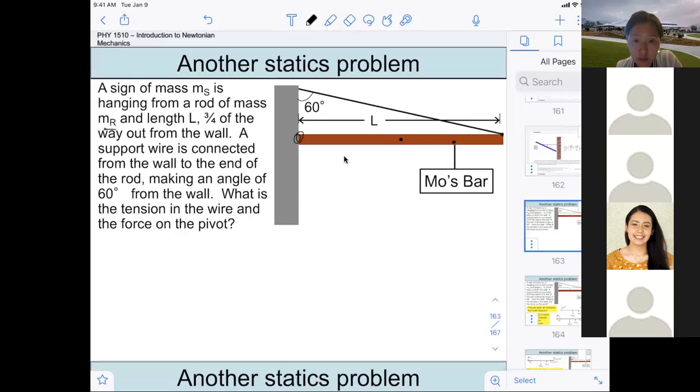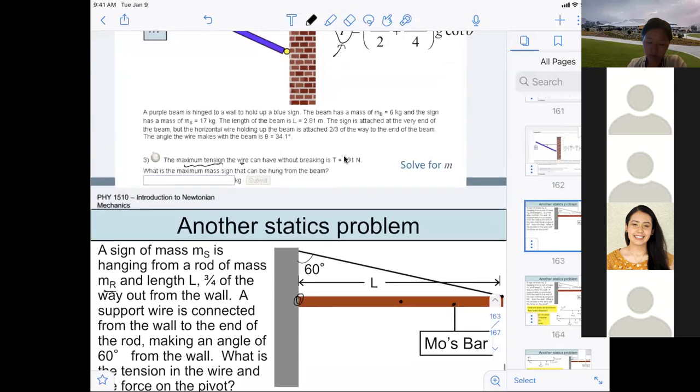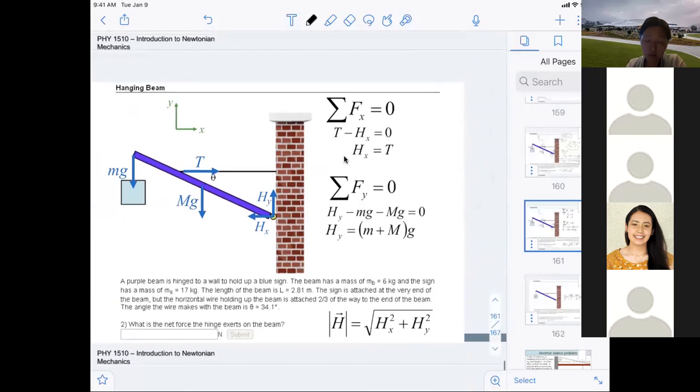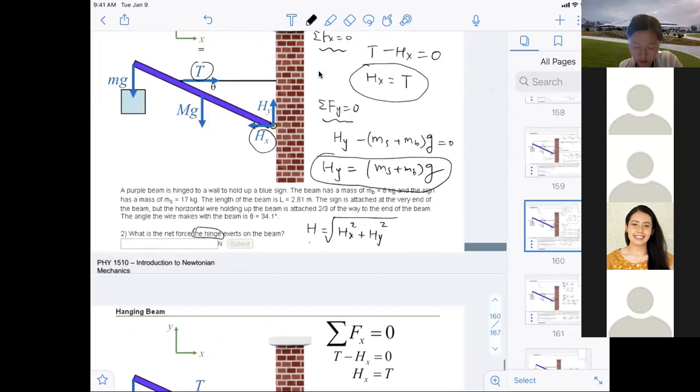Okay, so we got a request to go back 2 slides real quick. Is this the correct slide? Can you go back a little bit further? Sorry. Okay, here.